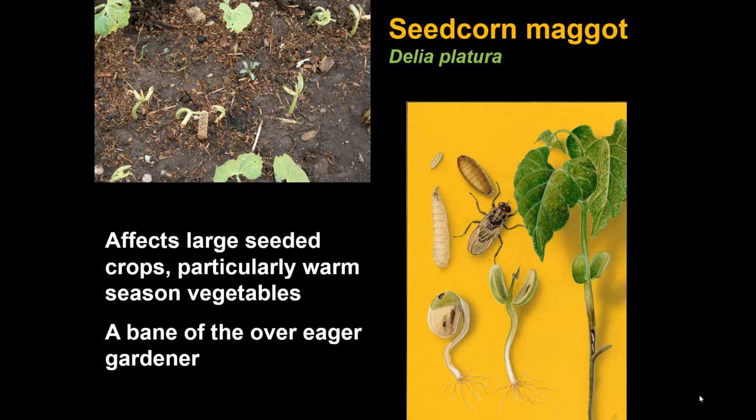And the most widespread of these is an insect called the seedcorn maggot, and this is mostly a problem on large seed, warm season kinds of plants. So we're talking about things like corn, we're talking melons and cucurbits, we're talking about beans.